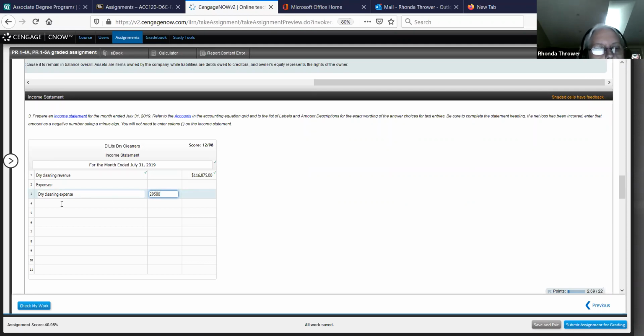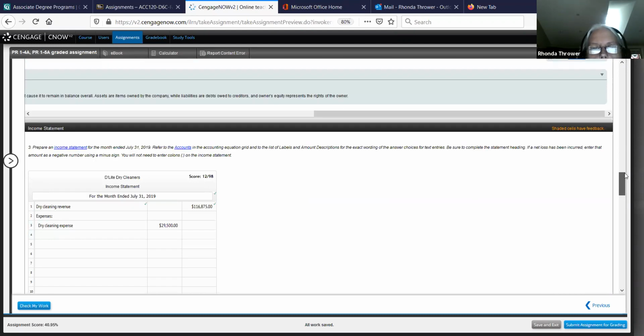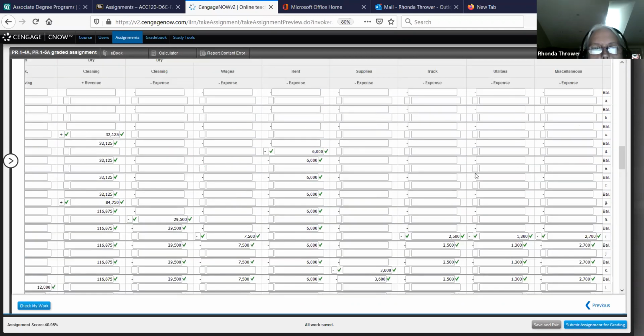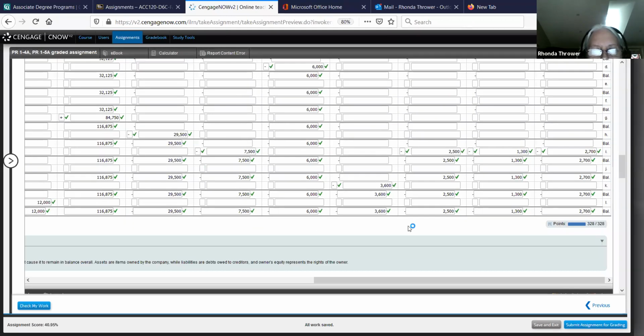And then I'm going to list my next expense. Notice it's looking for an account. My next expense that's listed beside dry cleaning expense is wages expense. And wages expense was $7,500.